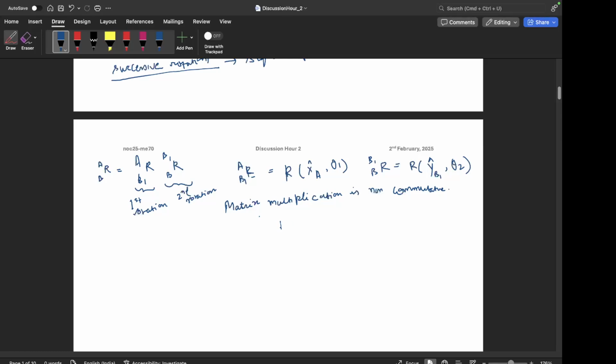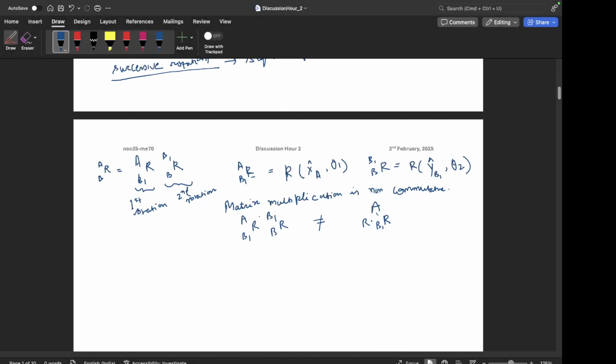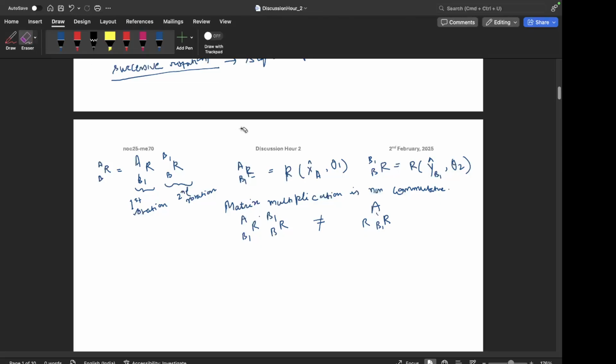So this means that R B1 B is not equal to R A B1, multiplied the other way around.